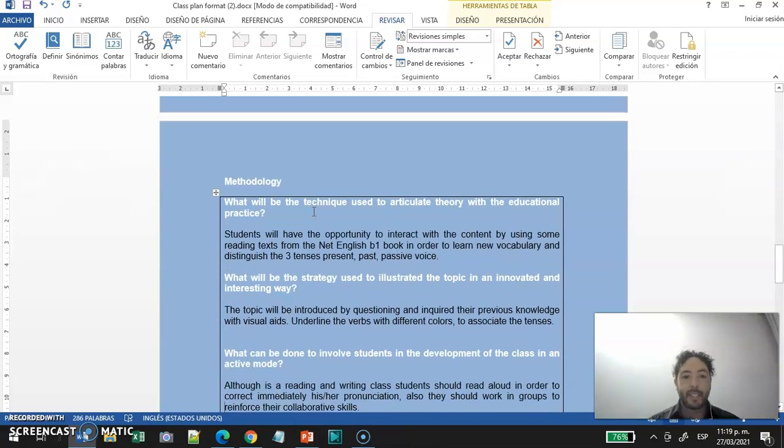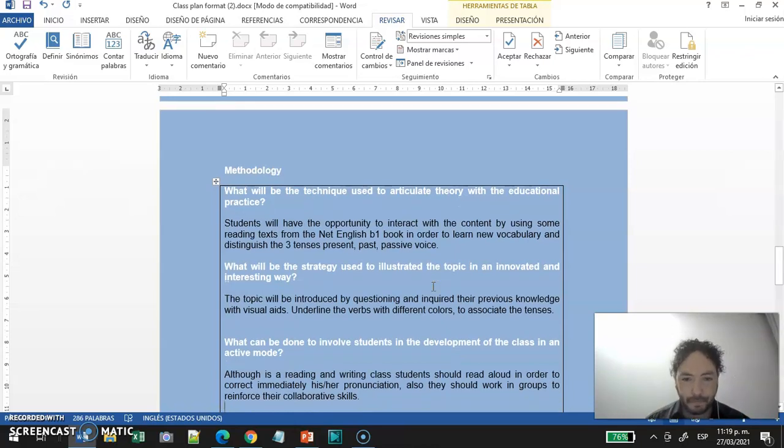The first one is, what will be the technique used to articulate the theory with the educational practice? In that case, students will have the opportunity to interact with the content by using some reading texts from the Net English B1 book in order to learn new vocabulary and distinguish the 3 tenses: present, past, and passive voice.